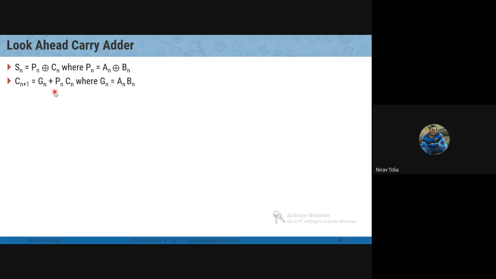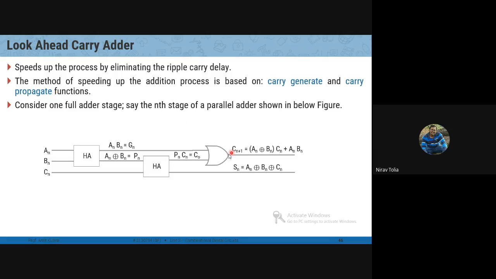Then Cn plus 1, which is the final carry here. That is the equation of An exclusive OR Bn, coming from here, into Cn plus An Bn, which is coming from here. So instead of An exclusive OR Bn, we can write Pn Cn plus An Bn.